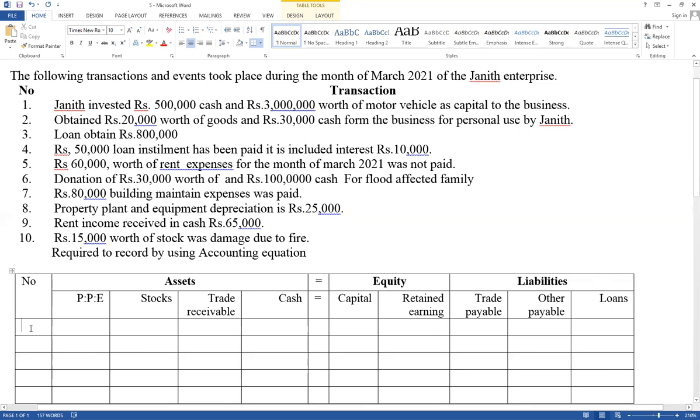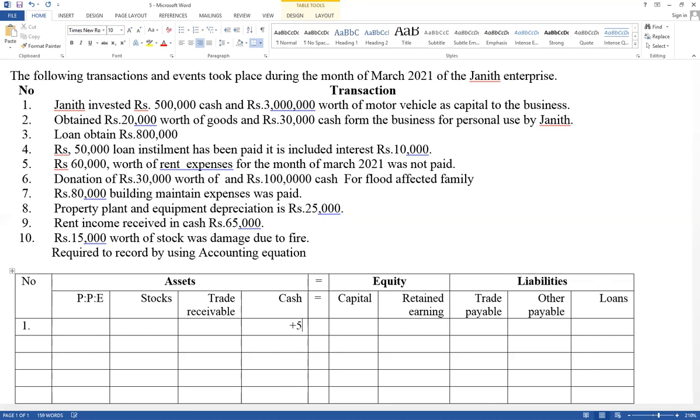Think about the first transaction. Janith is the owner, and invested 500,000 cash and rupees 3 million worth of motor vehicle as capital to the business. Think about capital introduced by owner, cash as well as motor vehicle. From the business point of view, cash increases 500,000, therefore plus cash 500,000.